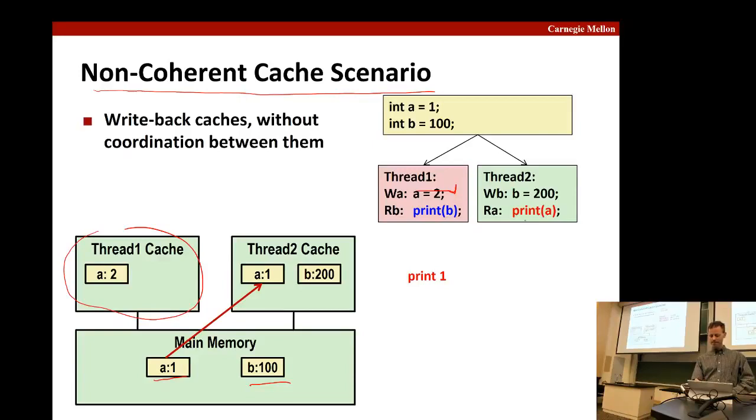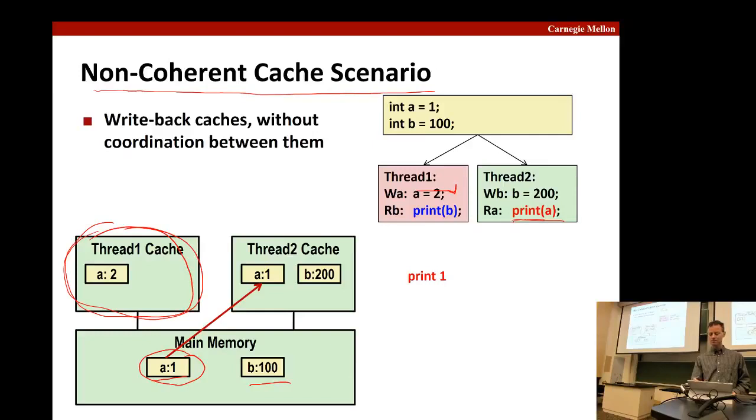Now, thread 2 wants to print A. If there's no coordination between those caches, it has no idea that A has been updated over here. So it readily grabs what's really a stale value, an old value, from main memory and brings that into its cache.